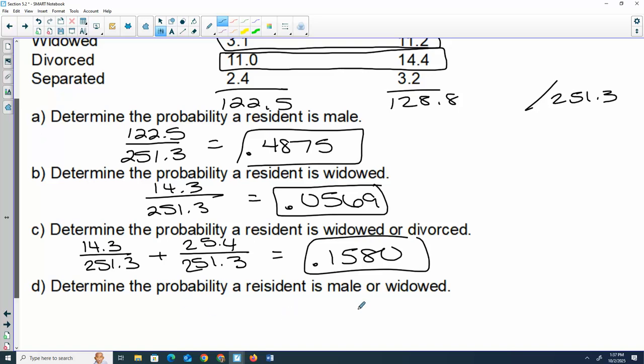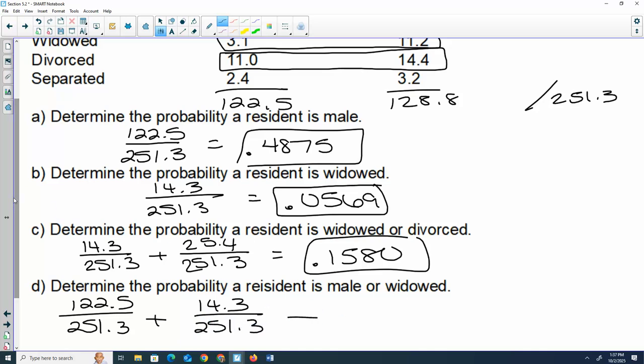Determine the probability a resident is male or widowed. Alright, so we could do the male, or we've already found it, haven't we? So you could do the fraction, we could do the decimal, either way. So those are my males, plus my widowed, we said was 14.3. What's the problem though? There's overlap.